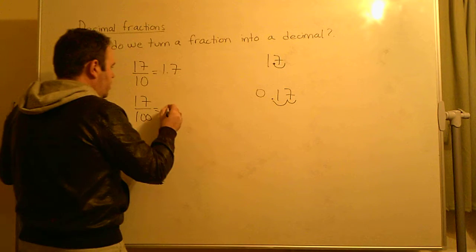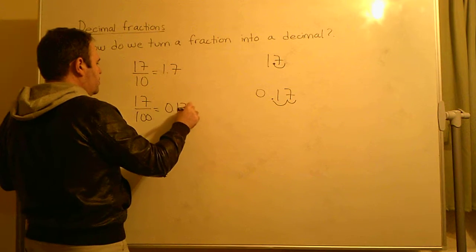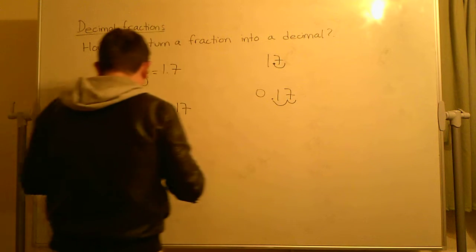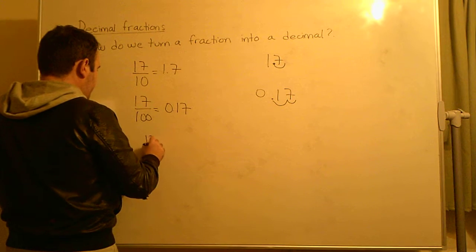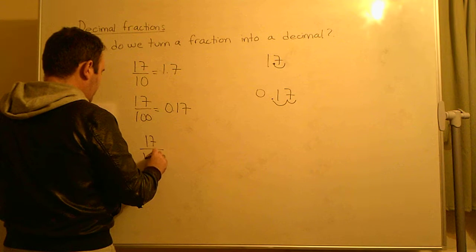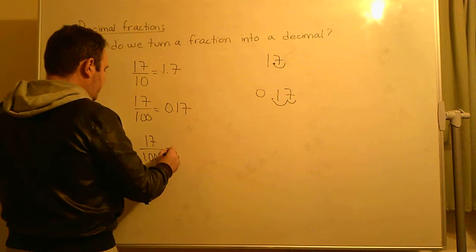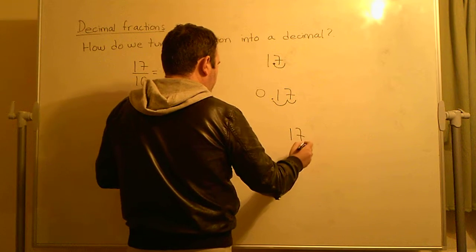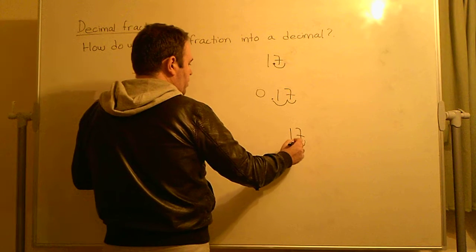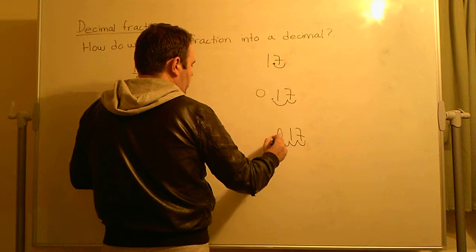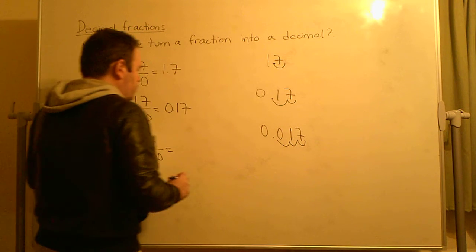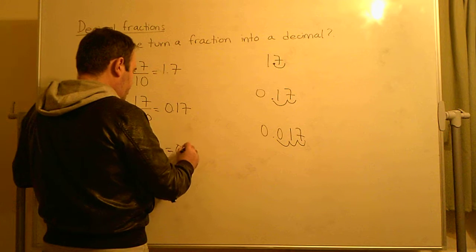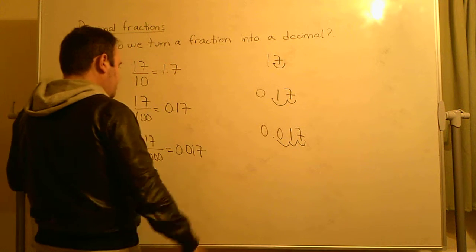So the result would be 0.17. 17 divided by 1000 or 17 thousandths. We write down 17 here and then we move the decimal point 1, 2 and 3. Because we have 3 zeros, yeah? 0.017.